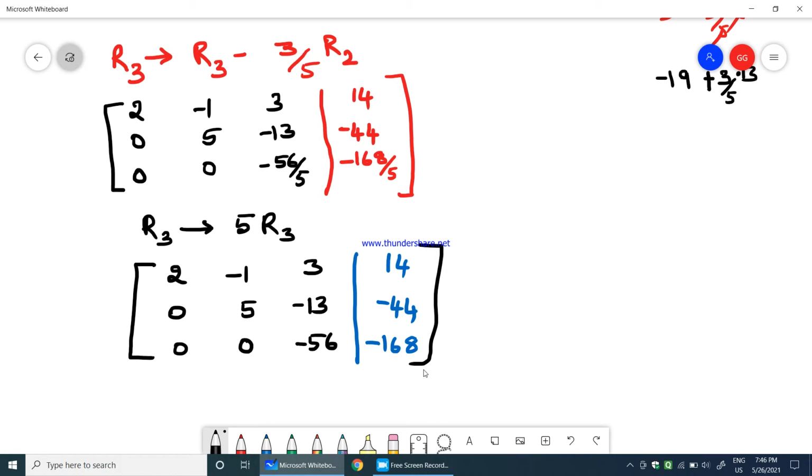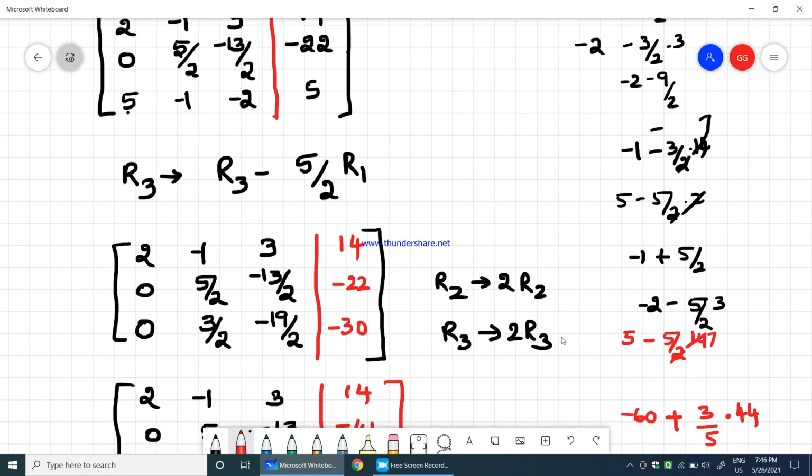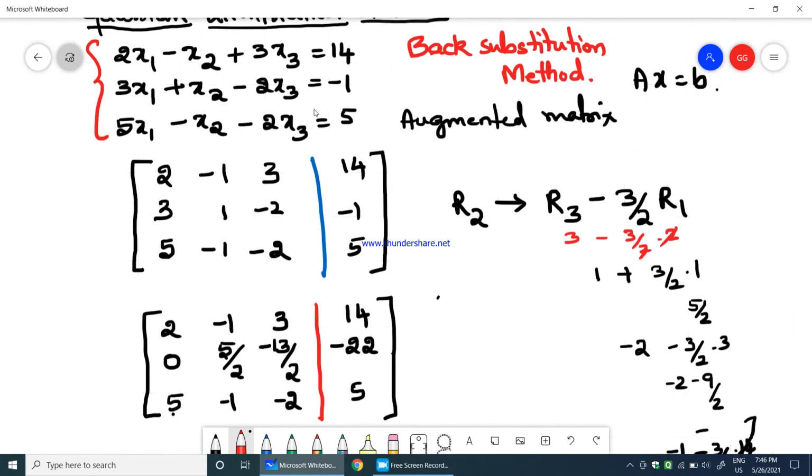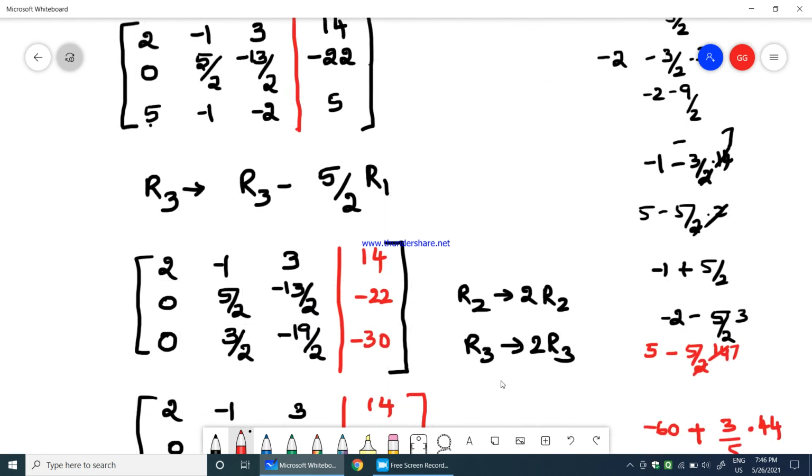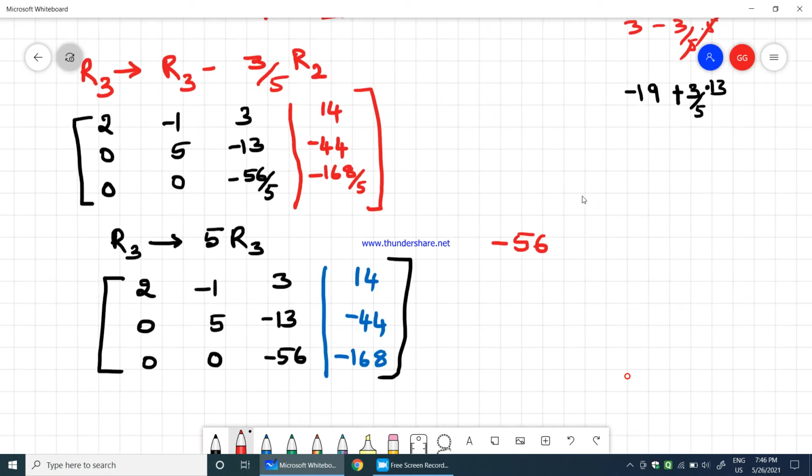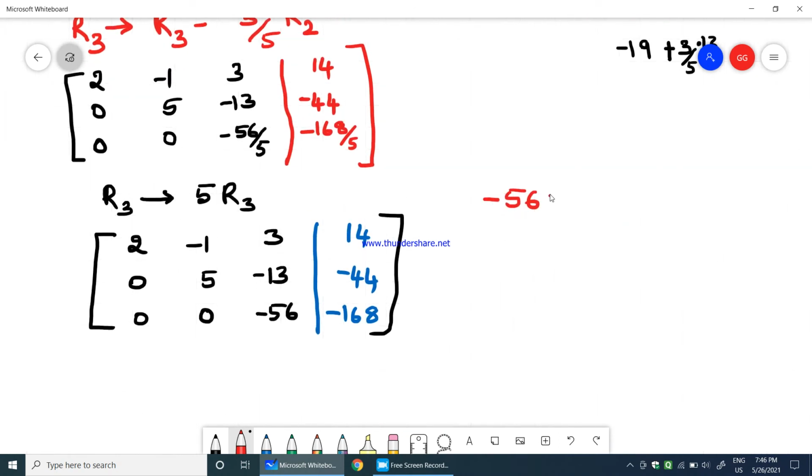So here we try to make these 3 elements 0 in the 3 cross 3 matrix, and then we do the back substitution method. The last row is nothing but minus 56 times x3.